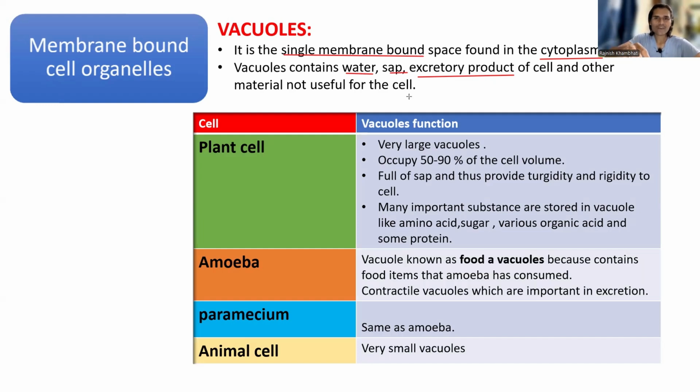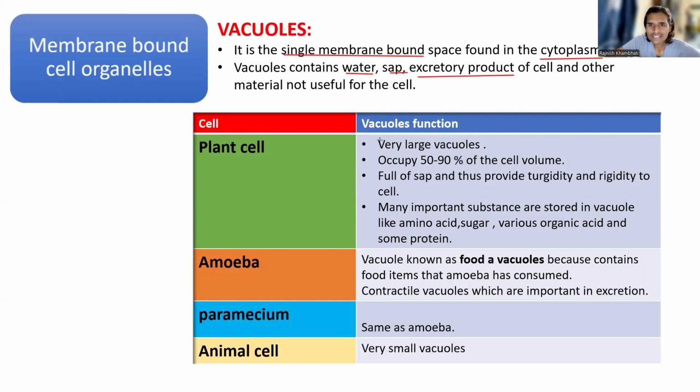So inside this vacuole, what things are present? It is packed with water, sap, excretory products, food, gas, etc. Some useful material, some non-useful material. Vacuoles are present in various different types of cells, like the plant cell.